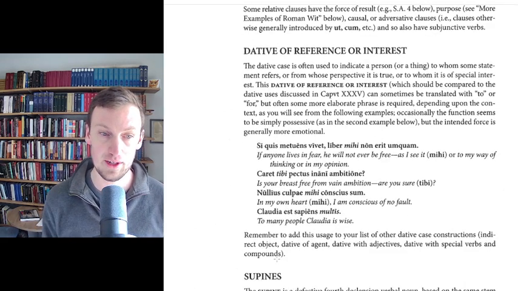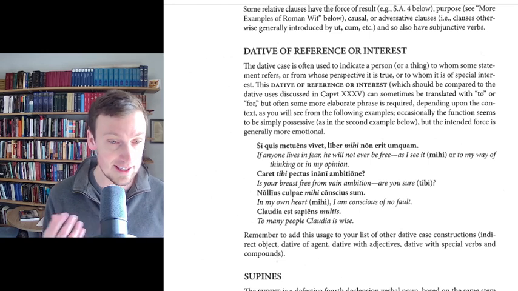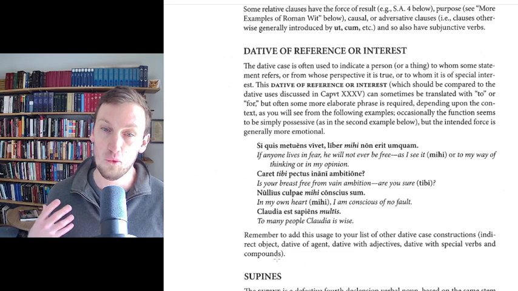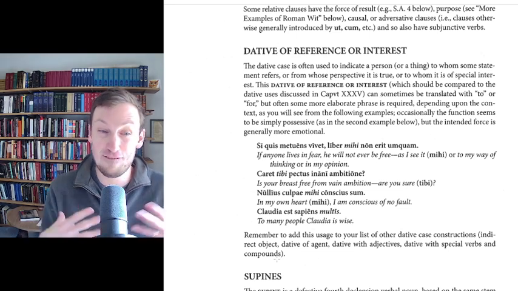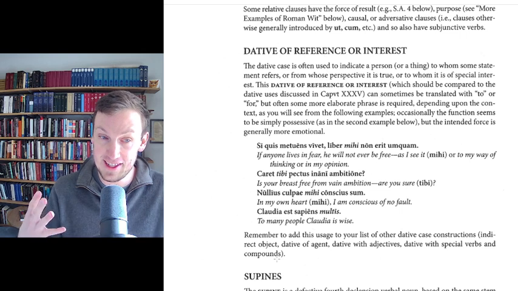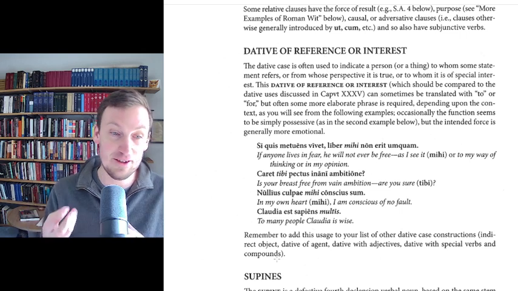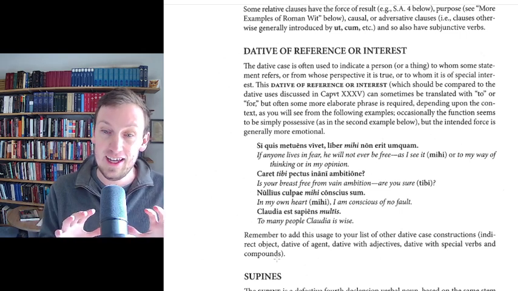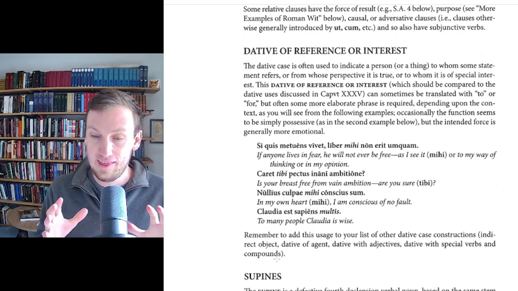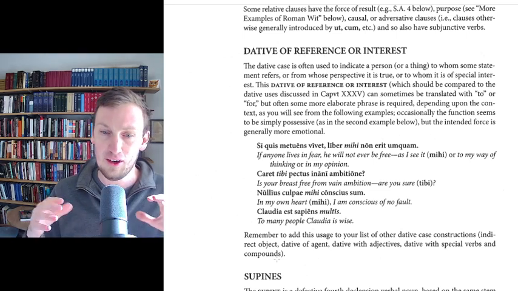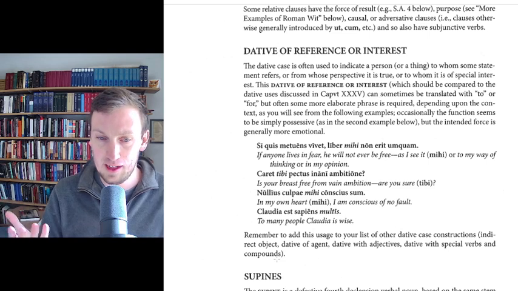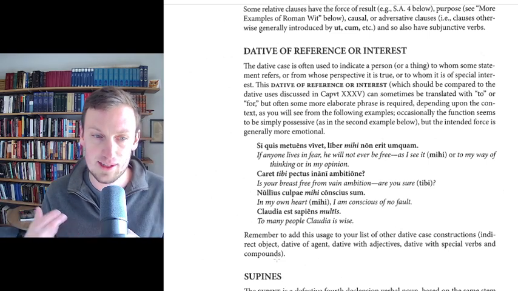The dative of reference or interest is similarly the sort of thing that's hard to translate quite right. What it's doing is it's dative, so it's got this sort of adverbial type function for the sentence, and it's doing this abstract thing where it is telling you that for me or for you usually is what we find, or for some group of people, the final example, Claudia est sapiens multis.